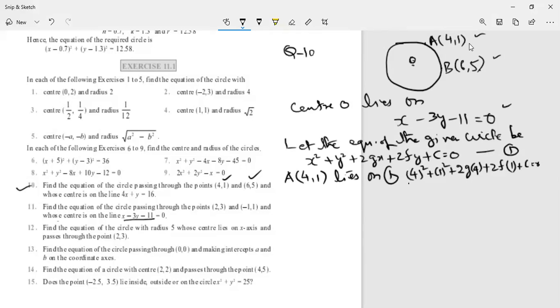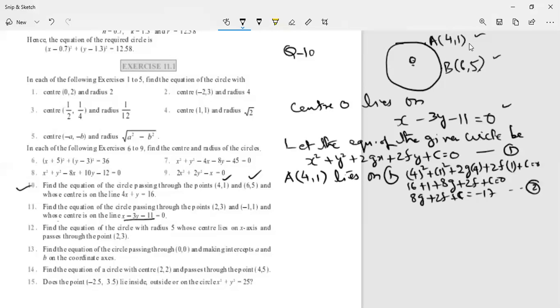Solve this: 16 plus 1 plus 8g plus 2f plus c is equal to 0. So we get 8g plus 2f plus c is equal to minus 17. This is equation number 2.